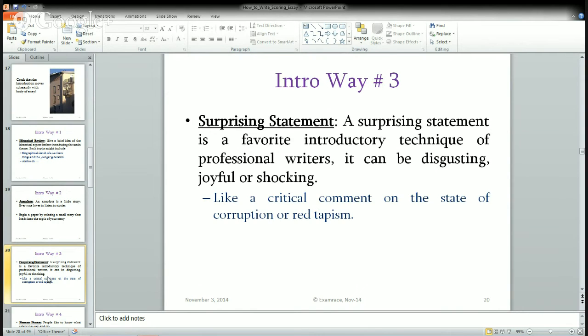If you flip the pages of any famous newspaper and go into the editorial section and read 2 or 3 editorials, the starting statement would be a kind of surprising or critical statement which tries to emphasize something. For example, if I have to write an essay on corruption or red tapeism, I can start with a very critical comment. For example, the government is doing so much, still the names have not been disclosed.